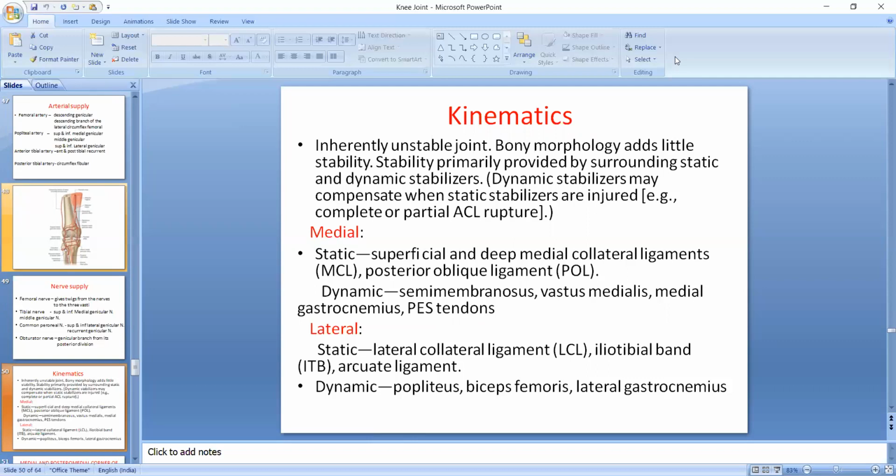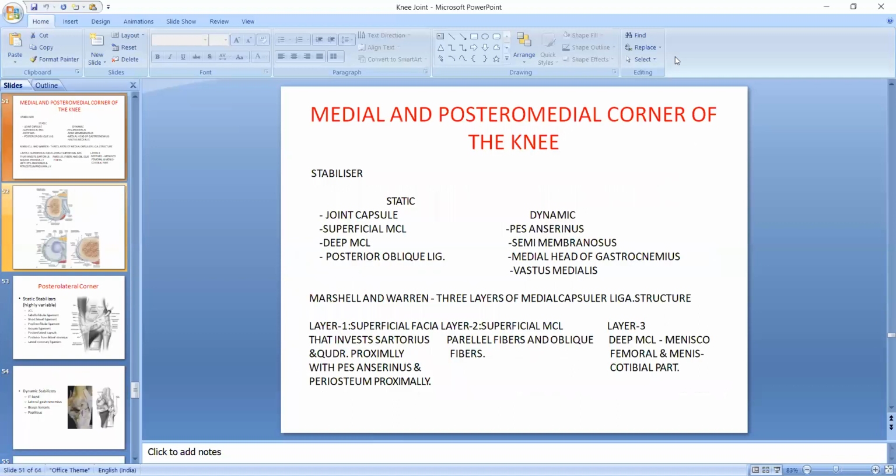Medial static stabilizers are the superficial and deep medial collateral ligaments and posterior oblique ligament. These are the ligaments that provide stability of the knee joint. Dynamic stabilizers are semimembranosus, vastus medialis, medial gastrocnemius and pes anserinus tendons. Lateral static stabilizers are the lateral collateral ligament, iliotibial band and arcuate ligament, and dynamic stabilizers are popliteus, biceps femoris, and lateral gastrocnemius.